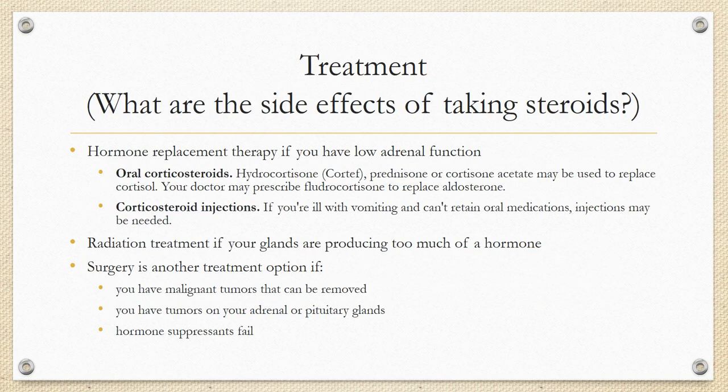All right, so what treatment are they going to do for patients who have Addison's disease? I put on here, what are the side effects of taking steroids? The reason for that is there are many reasons why patients take steroids other than Addison's disease. Patients who have COPD will take steroids as an anti-inflammatory to help them breathe better.